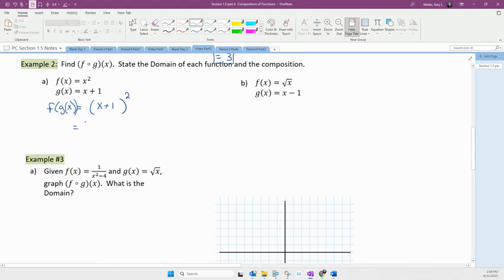I think I'll just leave it as x plus 1 squared. Okay. And so we said the domain was all real numbers here. The domain is all real numbers here. And the function we've built now we'll evaluate separately and see that it's all real numbers. Okay. So all three, the domain would be all real numbers.